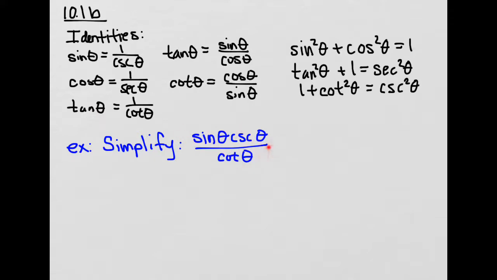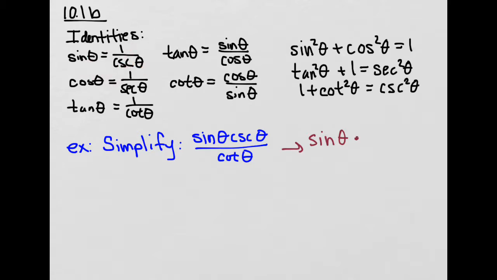So the first thing I might do is rewrite cosecant and cotangent in terms of those sine and cosines. So let's go ahead and do that. So cosecant is, well, let's see. Sine is 1 over cosecant, so cosecant would be 1 over sine.